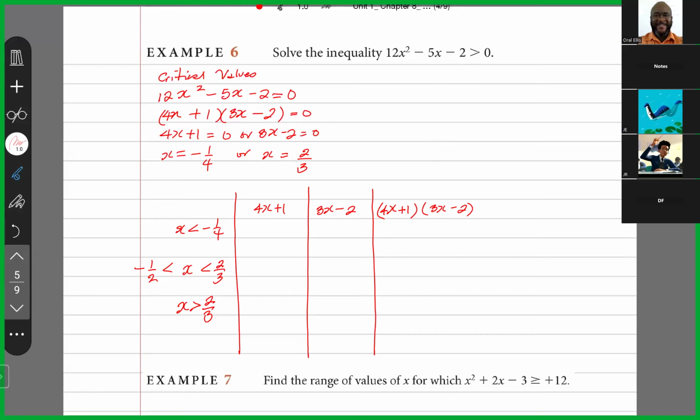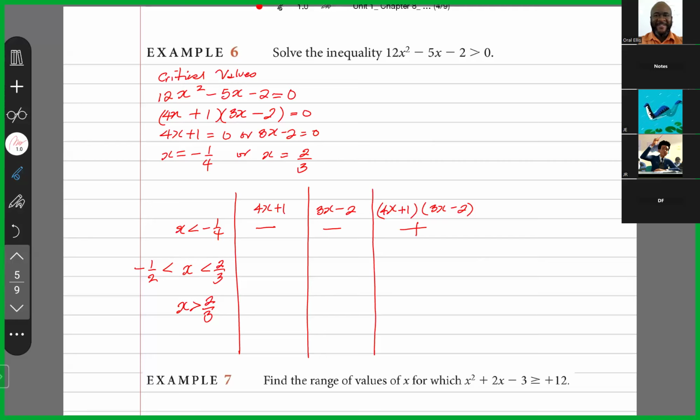If x is minus 1, 4x plus 1 is going to be negative. And of course, 3x minus 2 would also be negative. A negative times a negative is a positive.